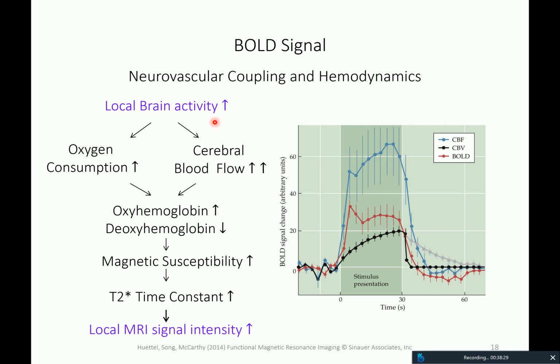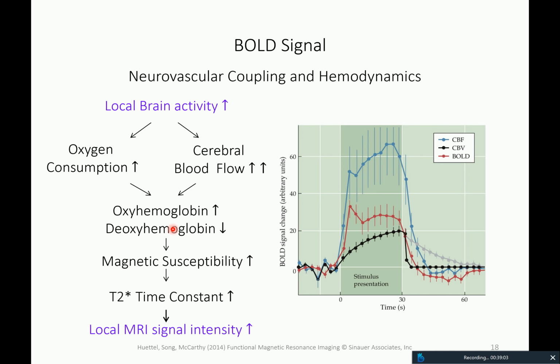So if you have in some brain area an increase in neural activity, the question is then what kind of neural activity exactly, and we'll see something about this. Then this area increases its oxygen consumption, but it increases its cerebral blood flow more than it increases its extraction of oxygen. This leads to an increase of oxyhemoglobin and a decrease of deoxyhemoglobin, which is a little bit counterintuitive because you would think that if there's activity, the oxygen is eaten up.